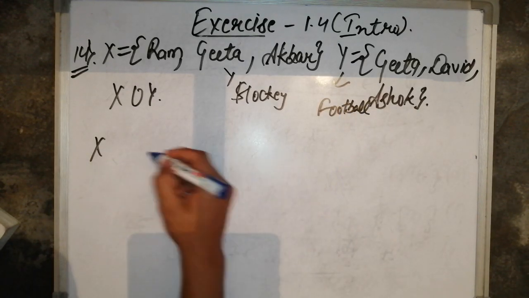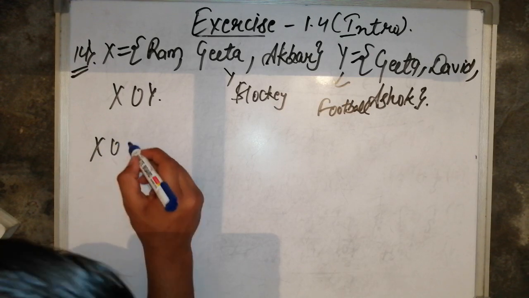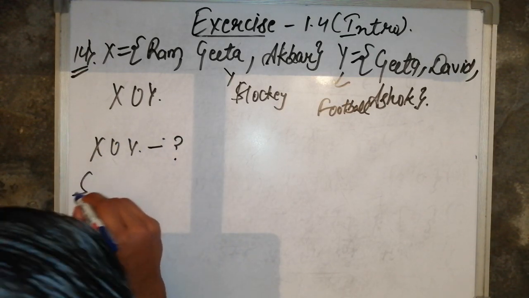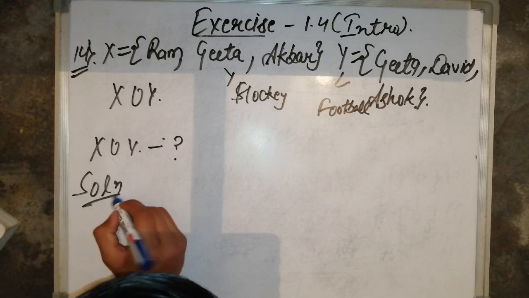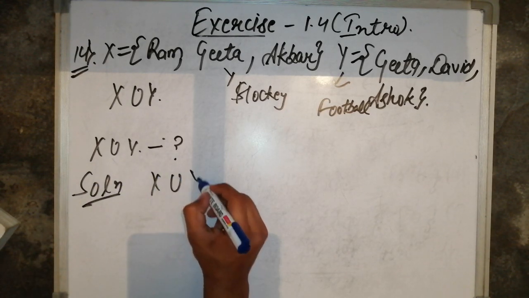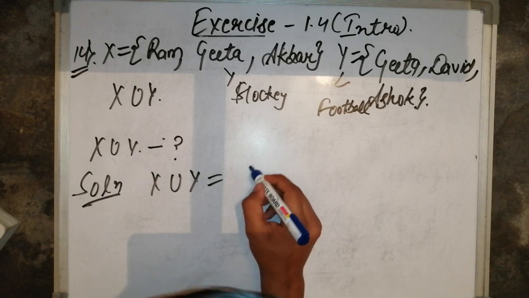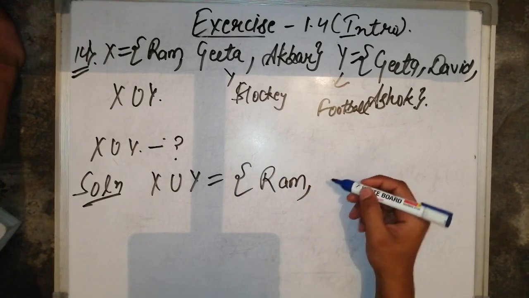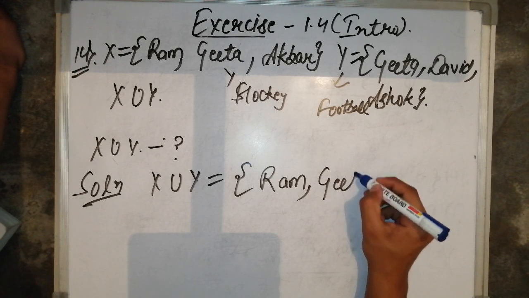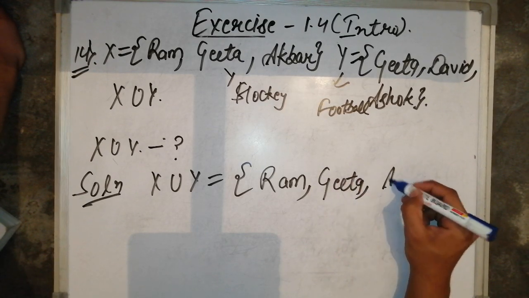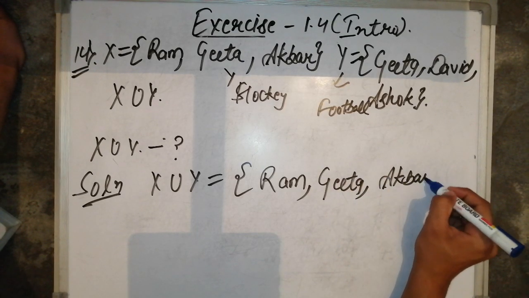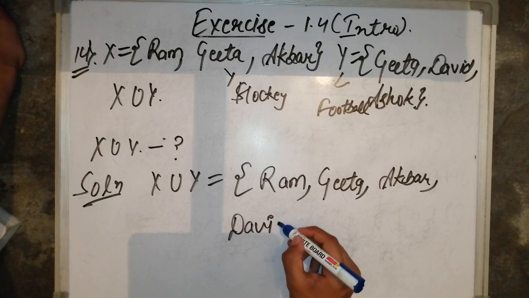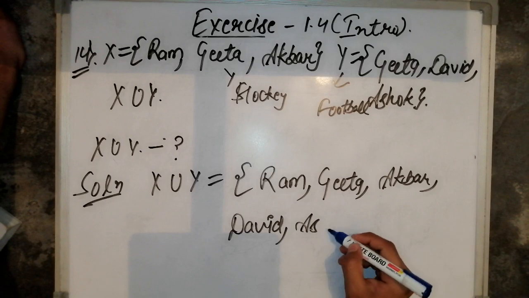What we need to find out is X union Y. Solution: X union Y is equal to Ram, Geeta, Akbar, David and Ashok.